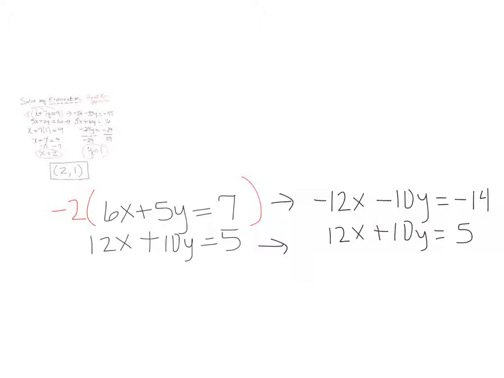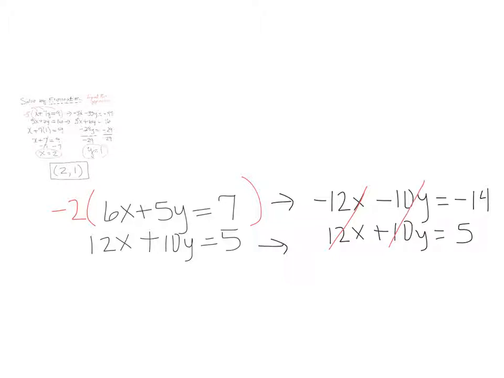Now just a note here that it may be necessary to multiply both the top and the bottom row by a number to get equal and opposite, but just keep in mind what we're doing, and it's fairly simple to solve. So then we have negative 12x plus 12x, that cancels. And coincidentally, we also have negative 10y plus 10y, and that also cancels.